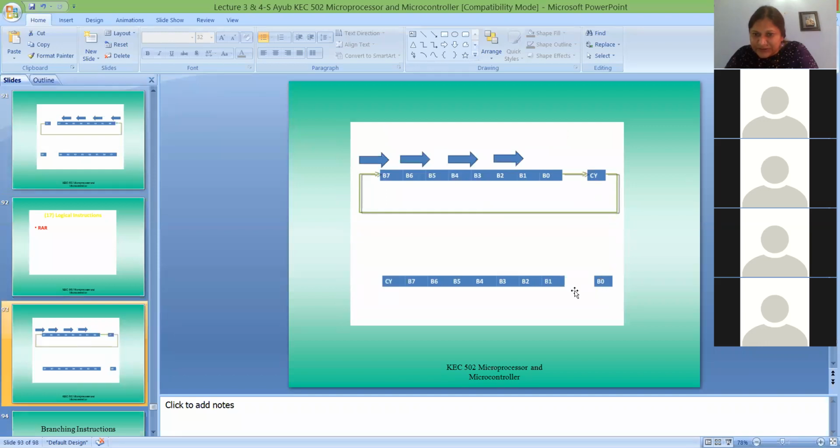The carry flag will now be modified according to the B0 bit. Whatever may be the previous status of carry, that will come to the B7 position, and the new status of carry will depend upon the contents of B0. So this is how with-carry and without-carry instructions work.